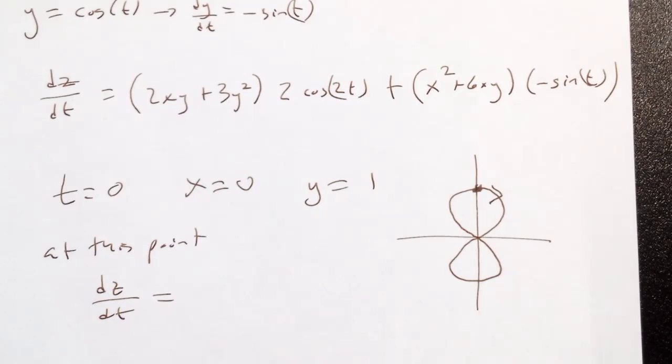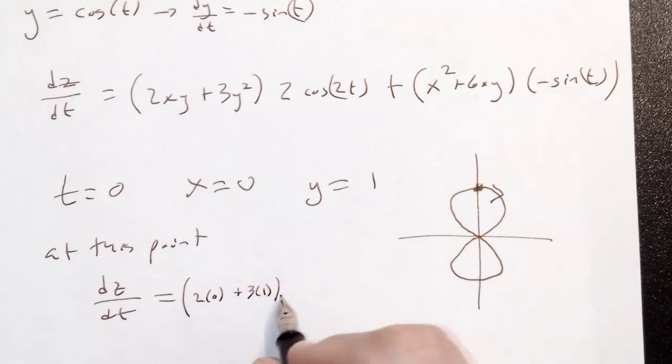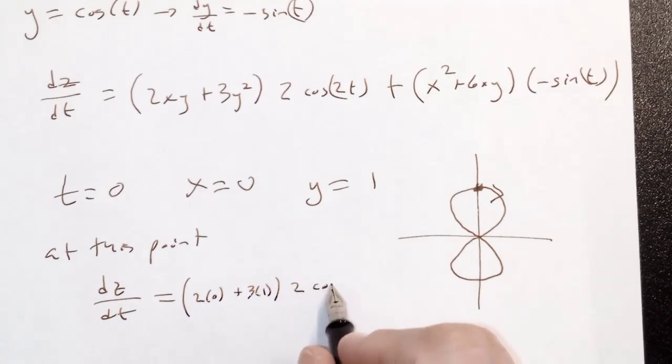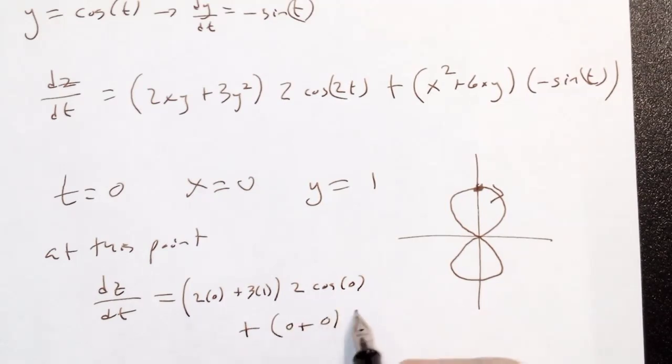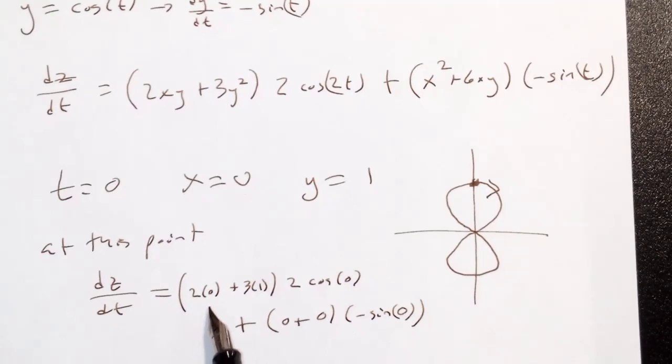So what do you get when you actually plug in? When I plug in 0 for x, 2xy is 0. 3y squared, because I plug in 1 for y, that's 3. 2 cosine of 0.